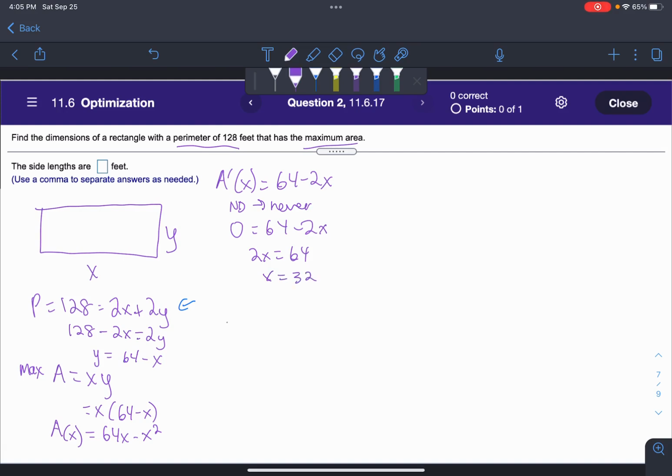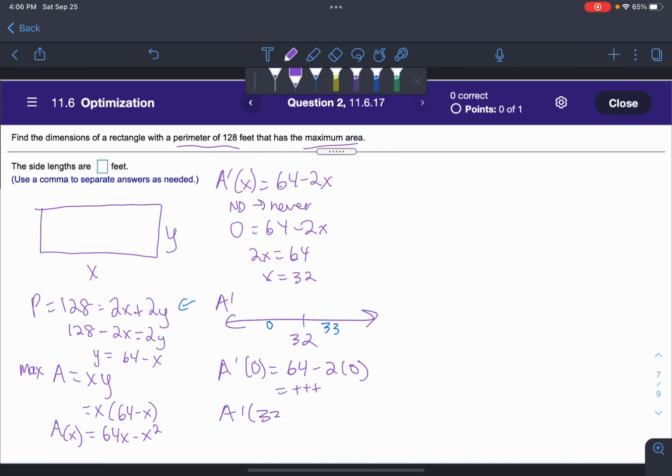All right, so let's verify that 32 is a maxima for area. We will test the points 0 and 33, plugging them into my A prime. A prime of 0 gives me 64 minus 2 times 0, which is a positive number, positive 64.